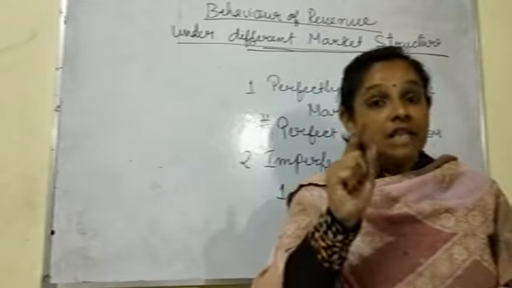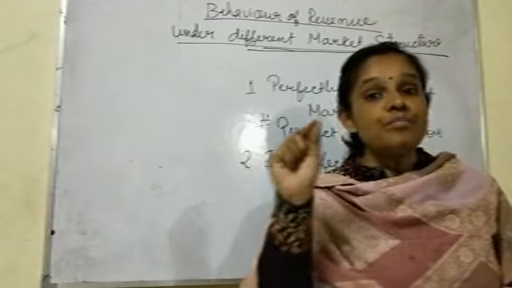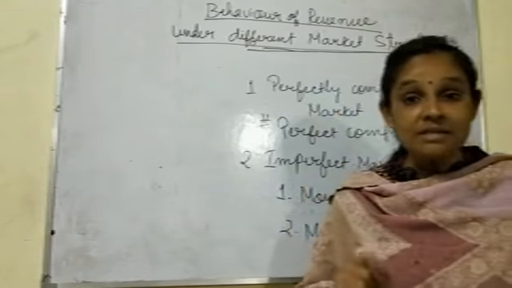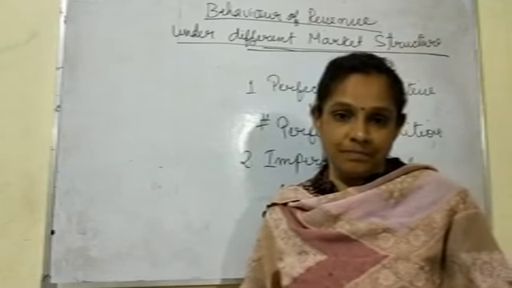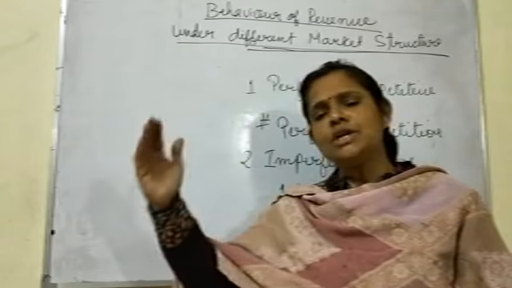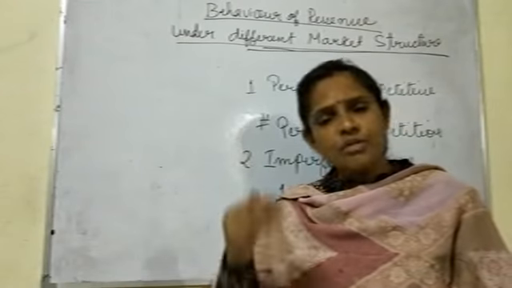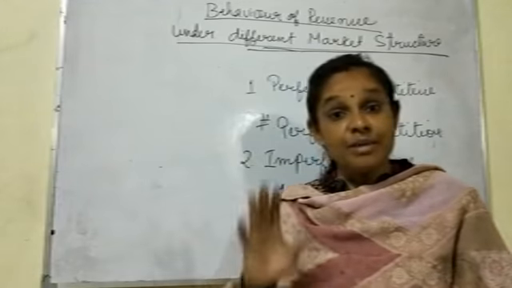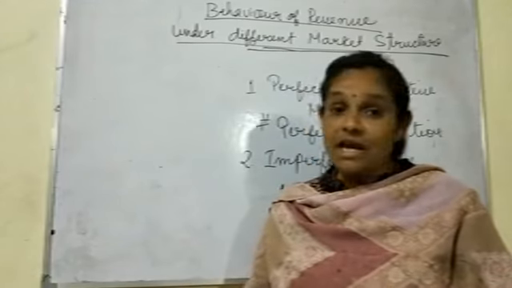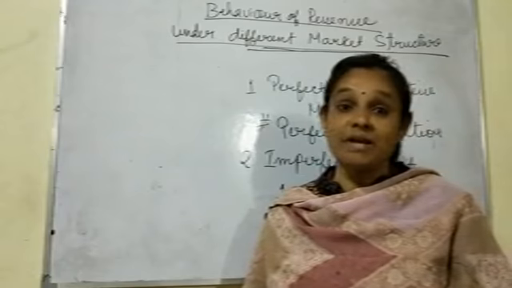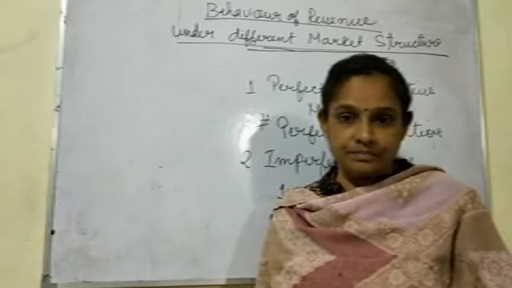That is why they follow the uniform price, the same price. Whatever number of units they sell, the price will remain the same because they cannot determine the price. Price is determined by the industry.